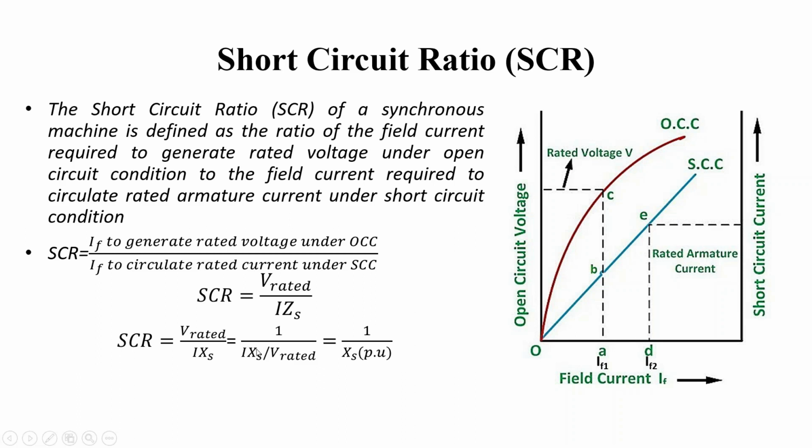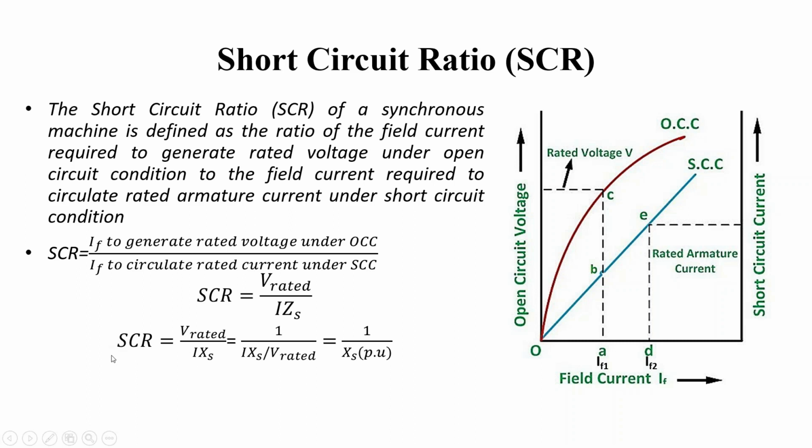It is a voltage drop which is created by XS. What is V rated? That is the base value. So when we are considering this denominator, this part indicates XS per unit. So we can say that SCR is inversely proportional to synchronous reactance, or SCR is equal to 1 by XS per unit.